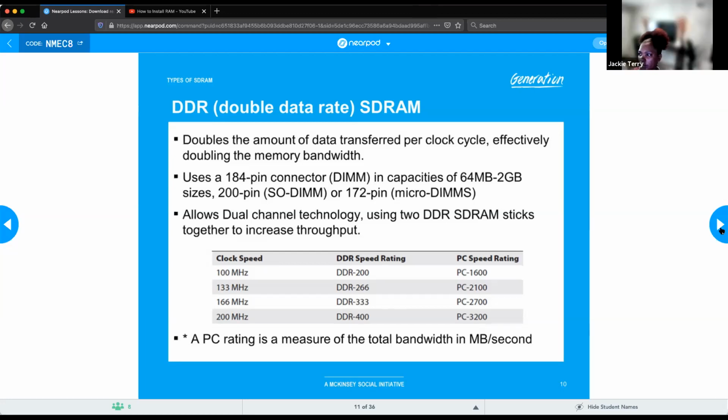Small outline. Excellent, Jackie. Small outline dual inline memory module. And those have 200 pins. So you will definitely need to know that. Did you have a question, Will? Yes, I did, Professor. Can you refresh my memory? What are pins again? So that way it'll make more sense what you're saying.